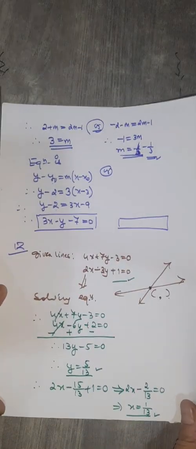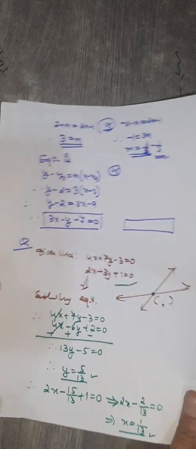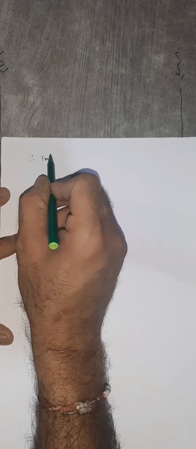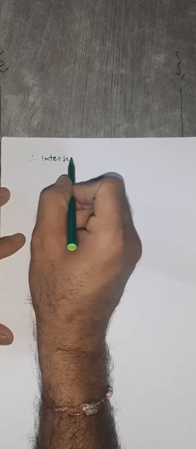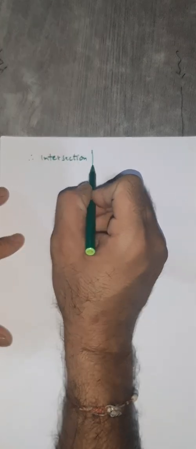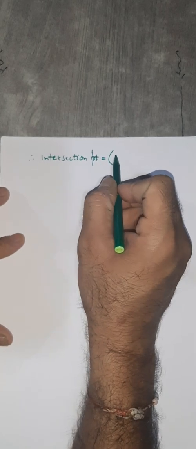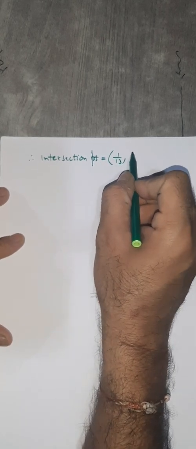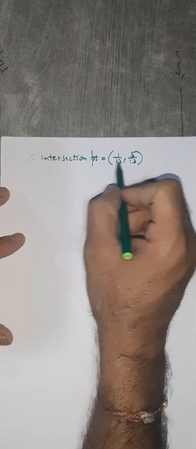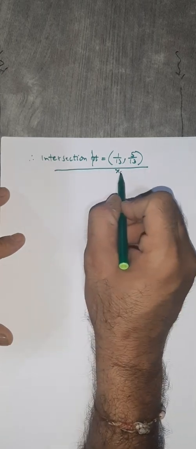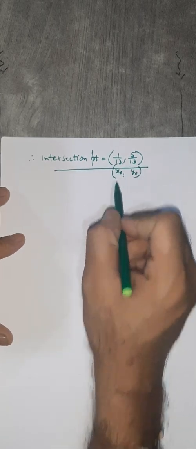Therefore the intersection point equals 1 by 13 comma 5 by 13. Fine. So this is like x0, y0 because the required line passes through this point.